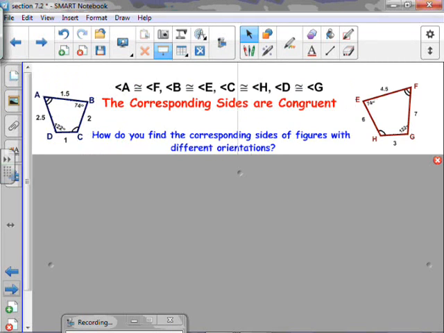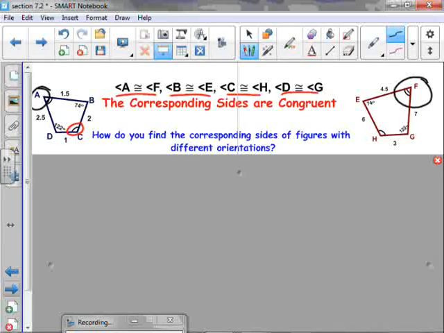I want to decide whether these are similar figures, and so first thing I'm going to say is what I just talked about. Make sure my corresponding angles are the same. Okay? And if you look here, you see that A, which corresponded to F, I've got the 2 marks there, which tell me that those are equal.